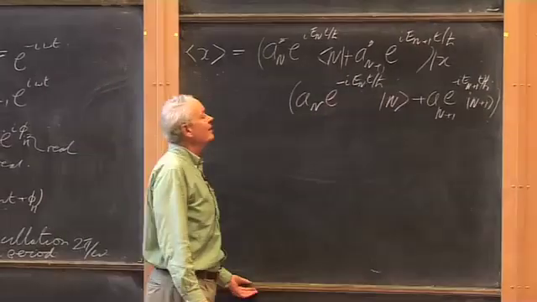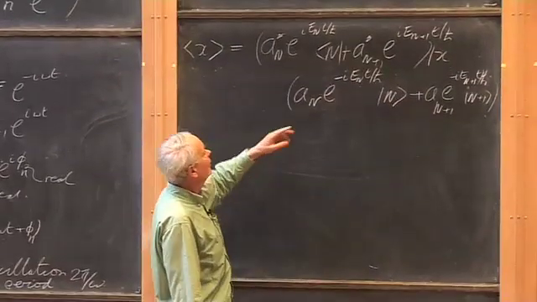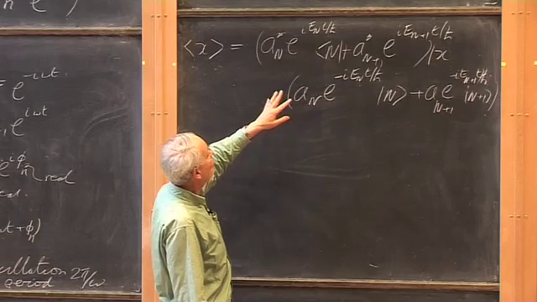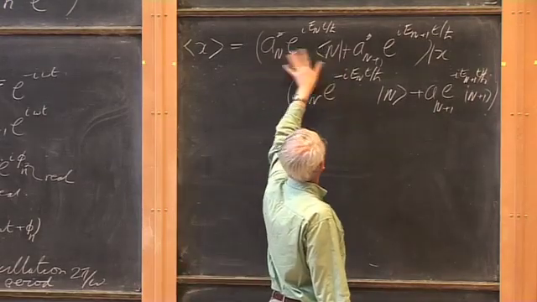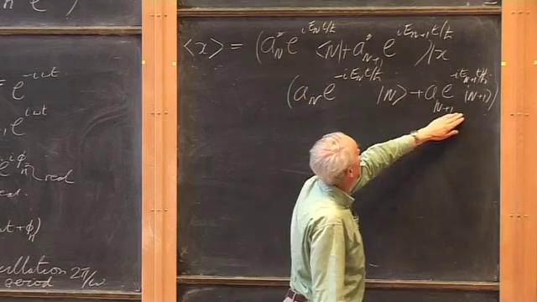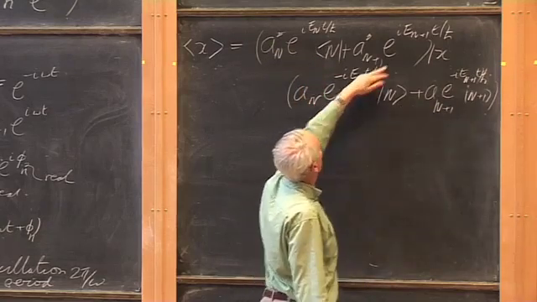Now, when we multiply this out, we will quite generally get only two terms. We'll have this on this and this on this.